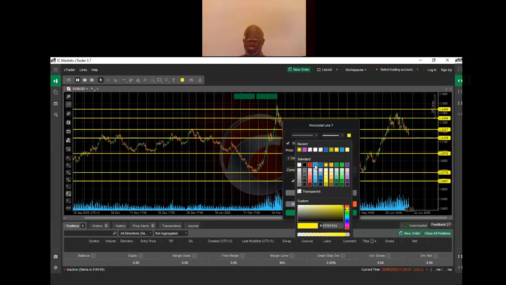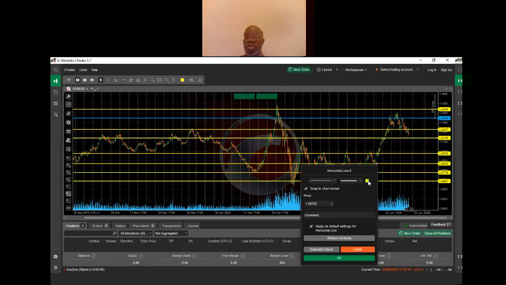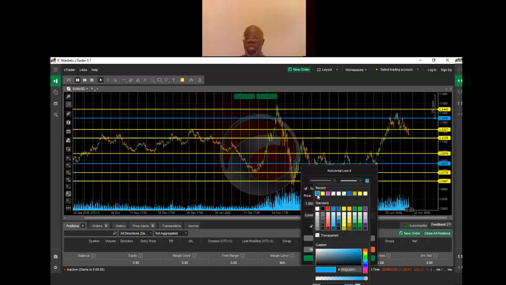Let's go with the light blue. Yeah, there. So this is the 4-hour support and resistance points. So I go again. I'm okay with that. I can add this one here. Again, change it to that color.